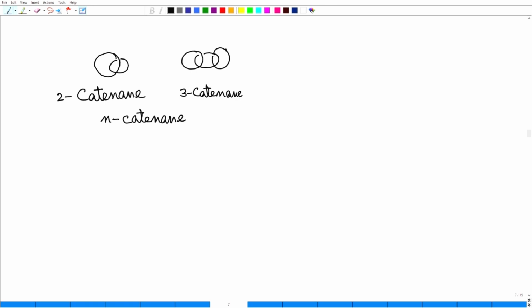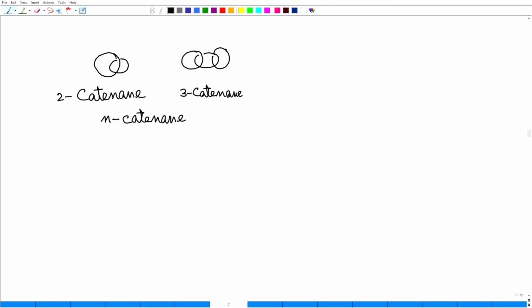They are not very easy to make. When I say N-catenane, it does not mean that 10 of them will be catenated. There is a limit. When you have 5 of these, we call it the Olympiad, 5-catenane. I will draw this structure and show how to synthesize them.